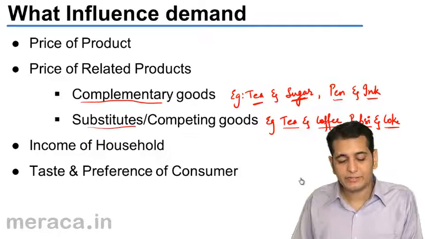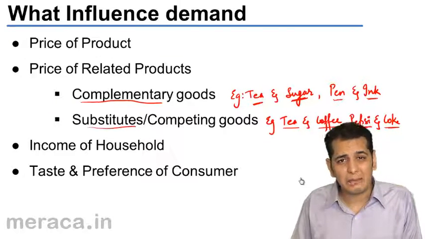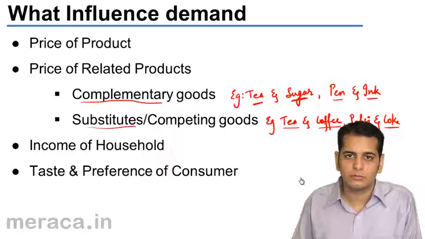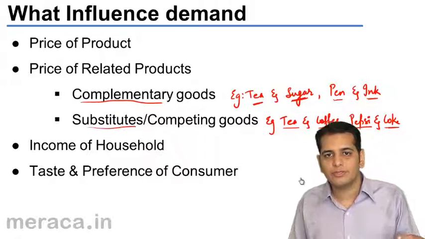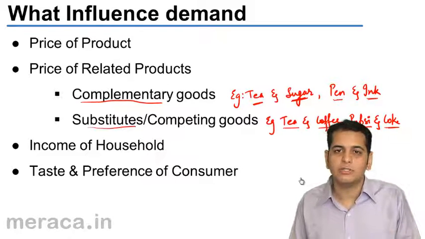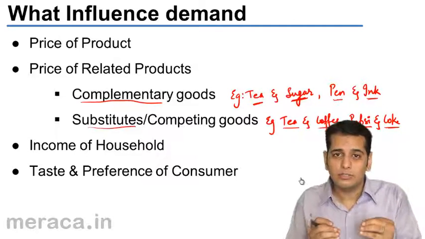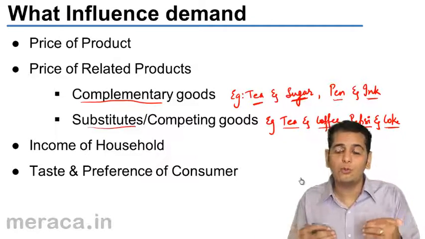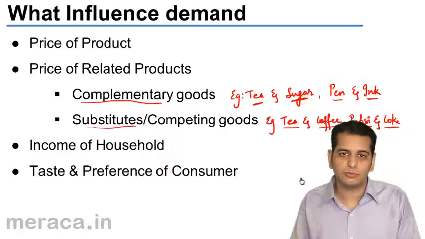Next, taste and preference of the consumer. Taste, habits, preferences, these things also matter a lot. If I am a consumer who wears shoes of Bata only, so I will demand only the shoes of Bata. What will happen is, if there are more people who wear Bata shoes, there will be more demand for Bata shoes.